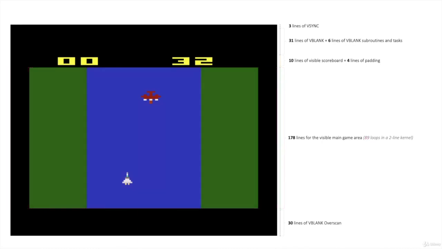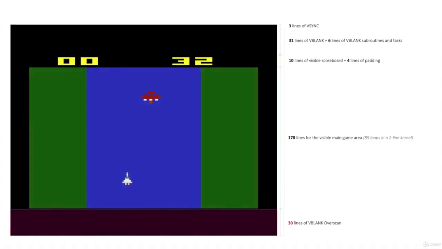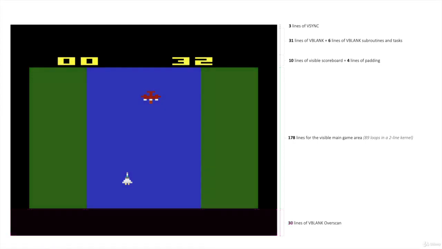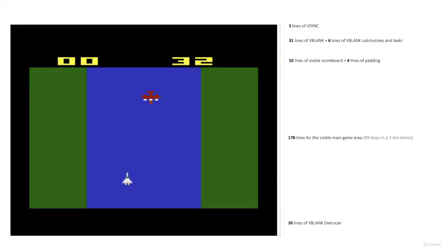And we are almost there, right? The only thing that is left for us is to complete our 30 lines of overscan at the end of our frame. And that's it, right? That concludes one frame. After that, we jump to the next frame and start everything again. So 3 lines of vsync, 37 lines of vBlank, broken into 31 empty lines and 6 lines for the subroutines.